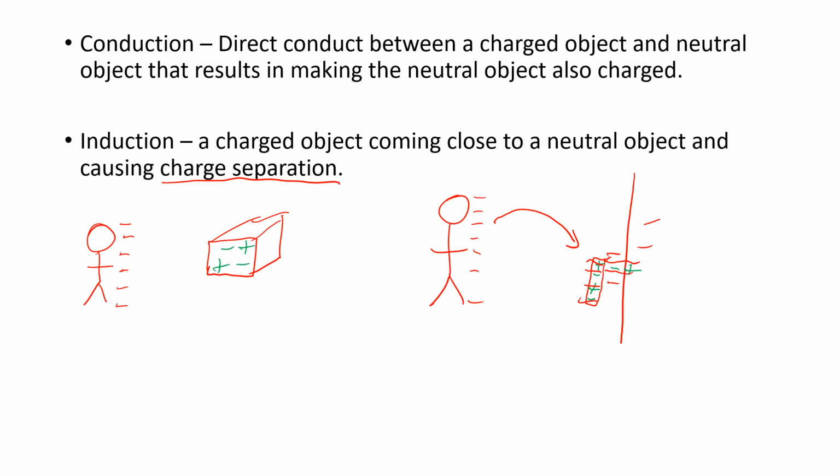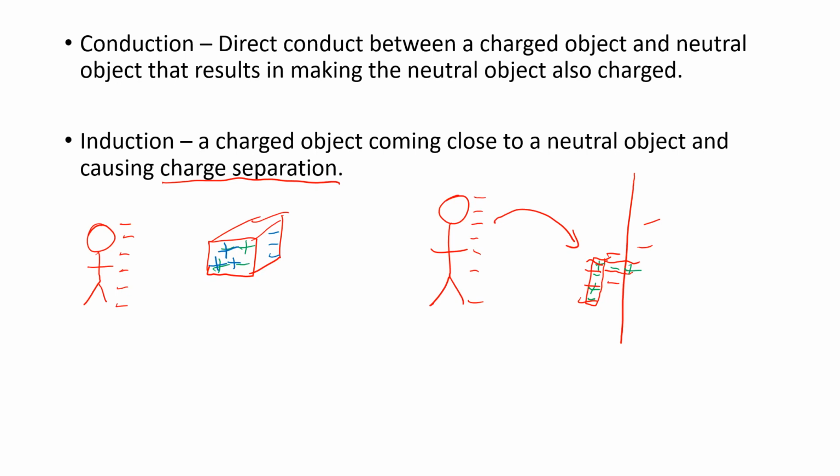When you get near it, you get that charge separation. In other words, if you're negative, all the negatives move away, and all the positives move towards you. You can feel a little electrical tingle in the air, and that is just because it's induction. We're going to talk a bit more about that.